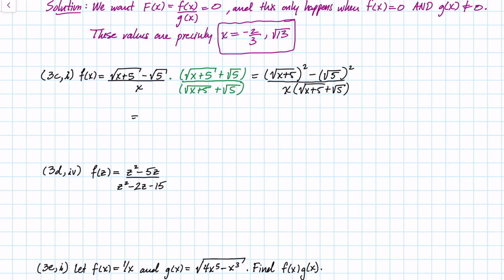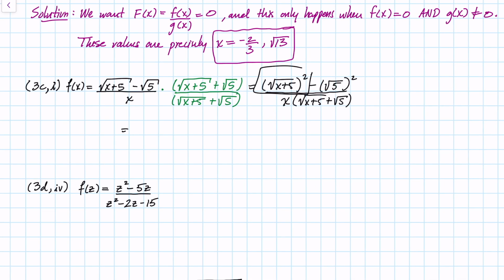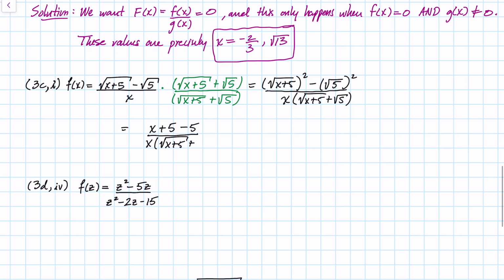All right, so when I do this term and this term, all I have to do is get rid of the square roots. So the numerator becomes x plus 5 minus 5 divided by x times square root of x plus 5 plus square root of 5. And I can cancel this 5 and this 5, they're subtracting each other.